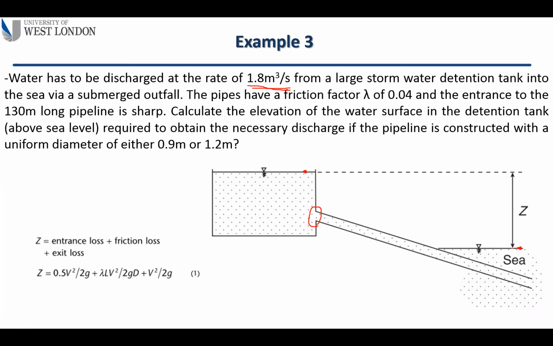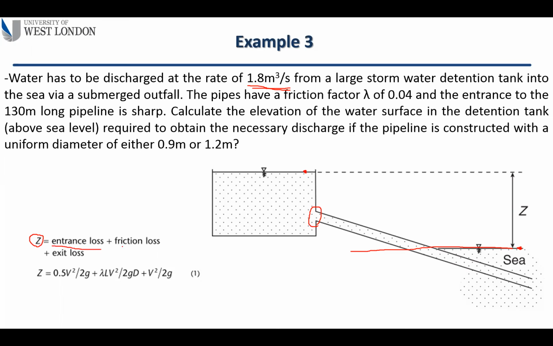If the reference line is chosen at this point, we only have the elevation head, Z, on the left-hand side. On the right-hand side, the elevation head, pressure head, and velocity head are zero, and the only terms left are the energy head losses that we have.